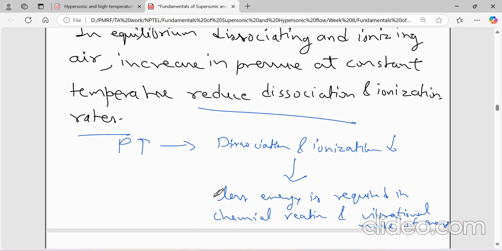So if less energy is required for the vibrational mode and chemical reactions, what will happen? It will have high temperature, or you can say more energy will go to the translational and rotational modes of energy. If there is more energy in the translational mode, it means it will have higher temperature.